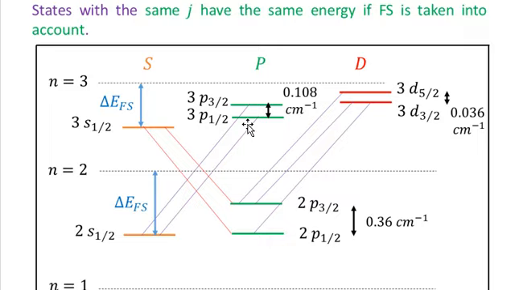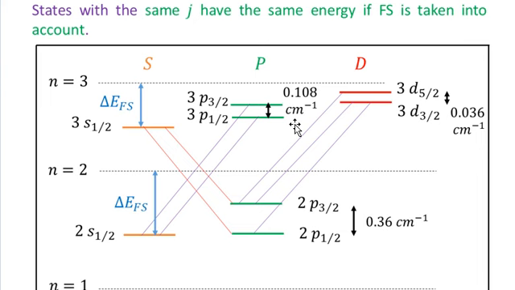Otherwise, it should be a single level. But if you include the spin orbit coupling, then these will be two levels. That is, the orbital degeneracy is lifted, and the separation between the two levels in terms of energy is also shown, which is the fine structure energy splitting, equal to 0.108 centimeter inverse.